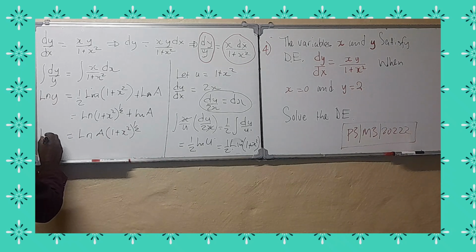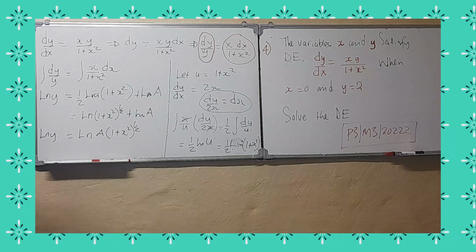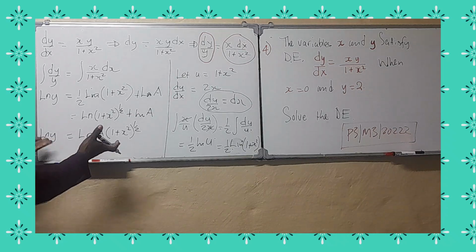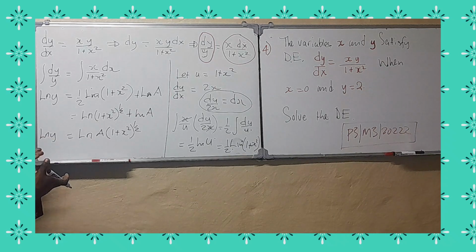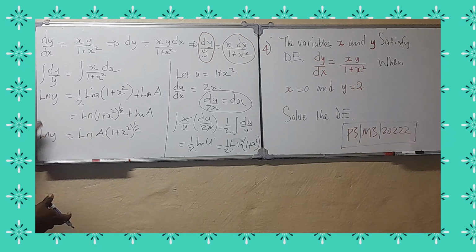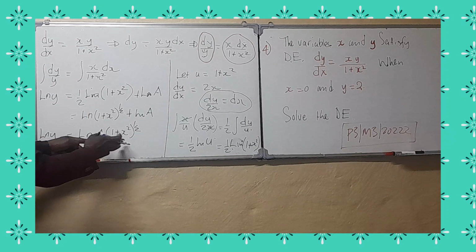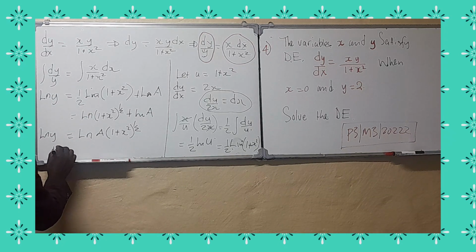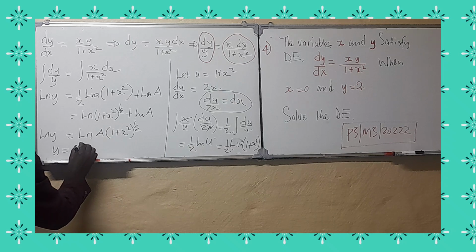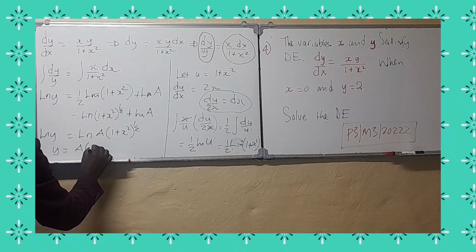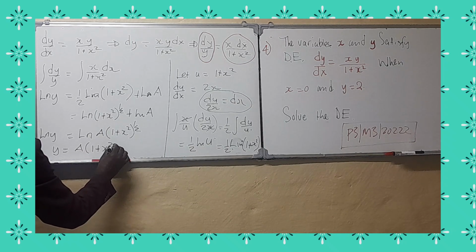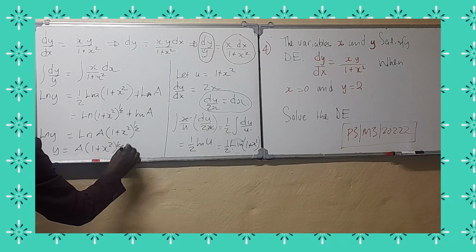Again, this is all equal to ln y. Now, when you have ln f equal to ln d, that means f is equal to d. So ln y is equal to ln this. That simply means y itself is equal to a brackets 1 plus x squared to the power half.